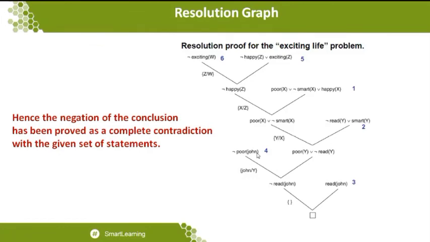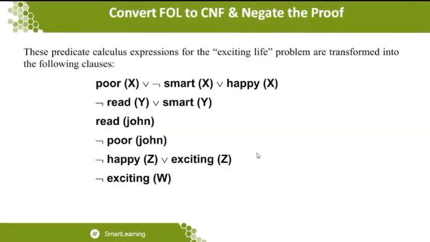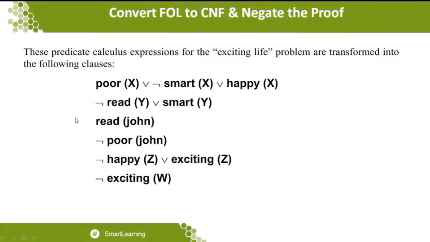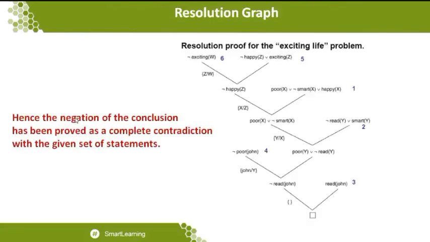Now you can see the effectiveness, especially while eliminating the conjunction. You see that statement number 3 has read of John and not of power of John. When I eliminate this conjunction, the statement becomes two statements: read of John is one statement and not of power of John is another. When the statement is made like this, it is possible for me to give the substitution very clearly.